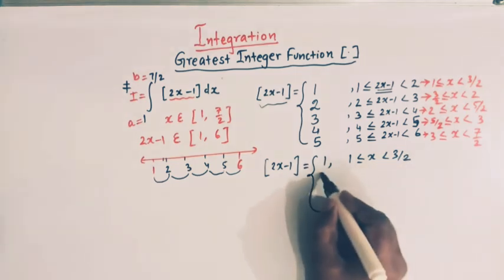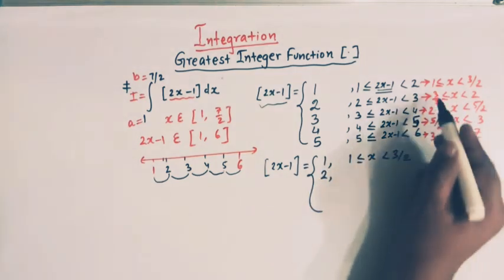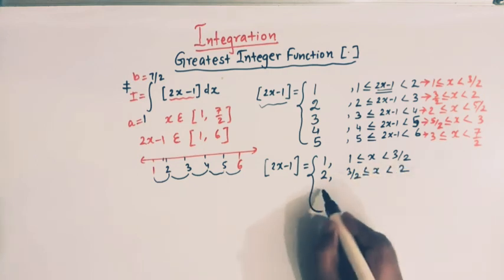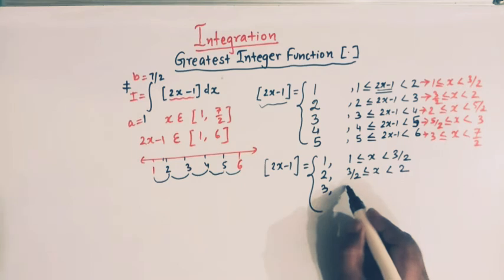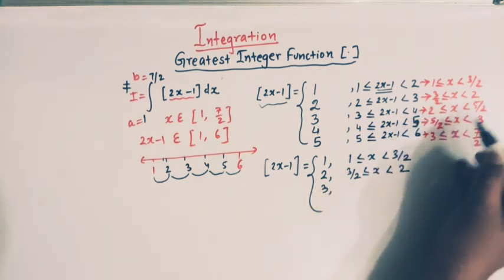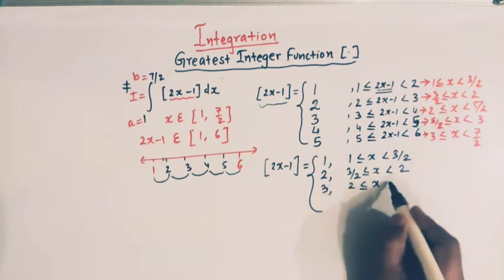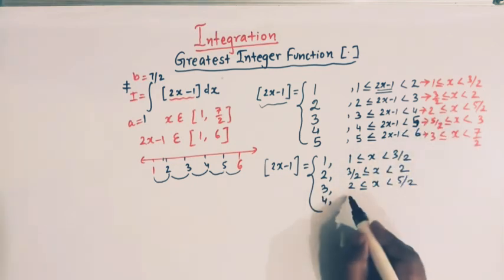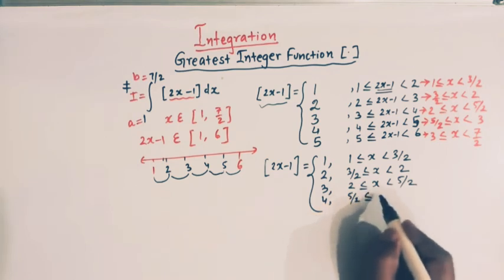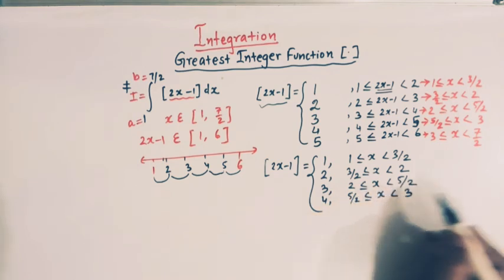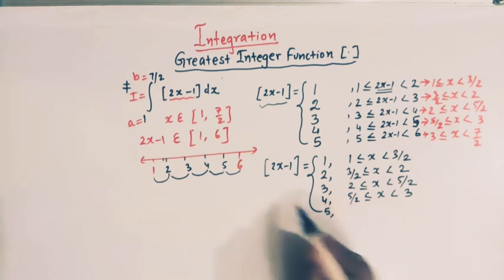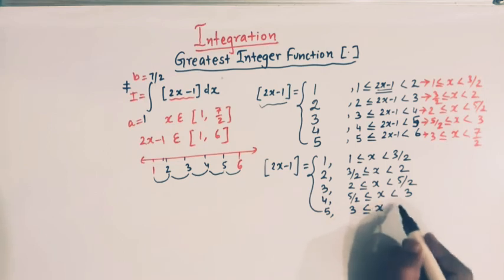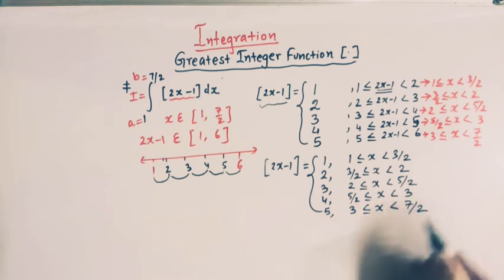And this is equal to 2 when x lies between 3 by 2 and 2, and this is 3 when x lies between 2 and 5 by 2, and here we have 4 when x lies between 5 by 2 and 3, and this is equal to 5 when we have 3 less than or equal to x and less than 7 by 2, right?